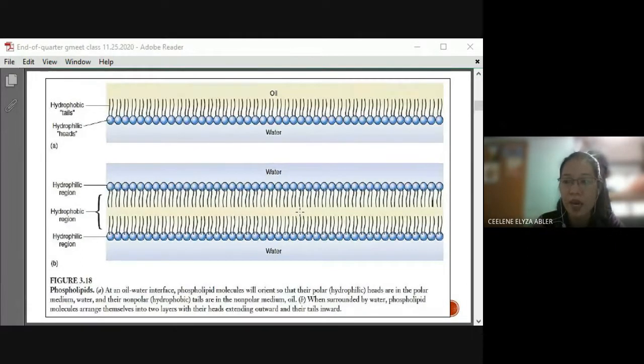Remember that oil is less dense than water, so it floats. It remains like a concave disc on top of the surface of the water because it is a hydrophobic substance. They do not mix with each other. It does not dissolve in water, because they do not mix well with water.